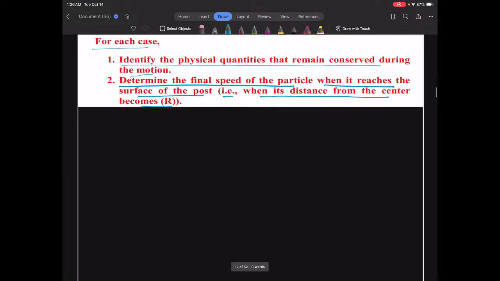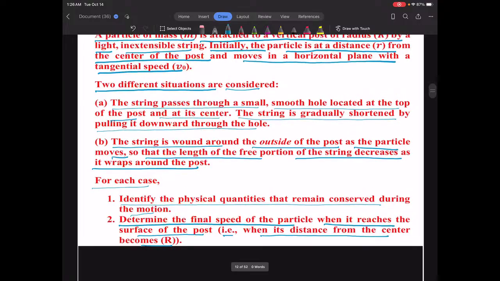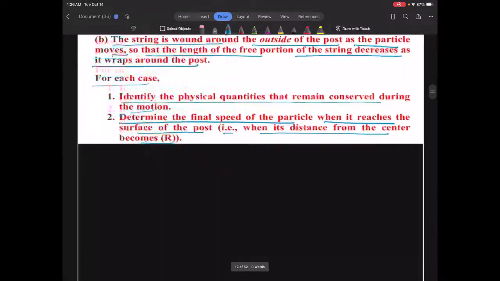In the first situation, we are told that there is a vertical post.